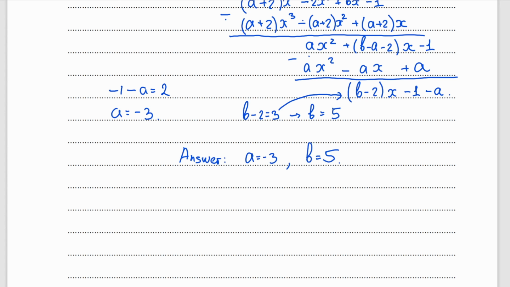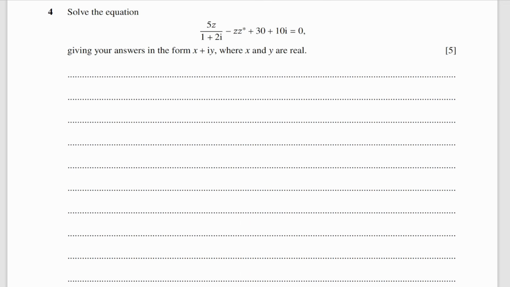Okay, let's try the next one. Complex numbers strike back. So we're supposed to solve this equation and give the answer in the form z equals x plus iy. And we also know that z conjugate looks like x minus iy. Let's substitute both into the equation.